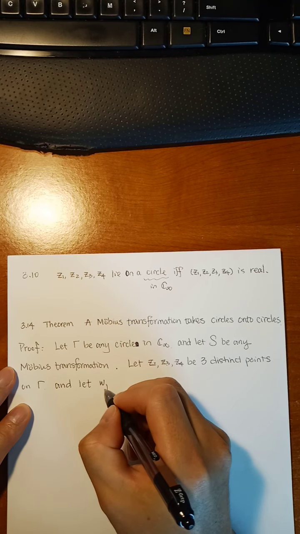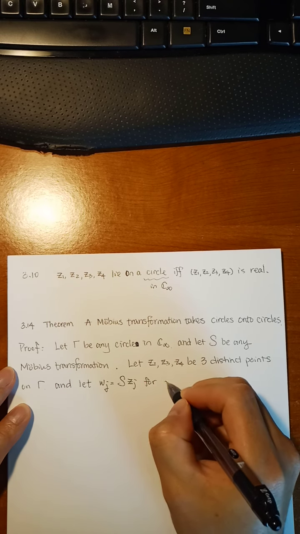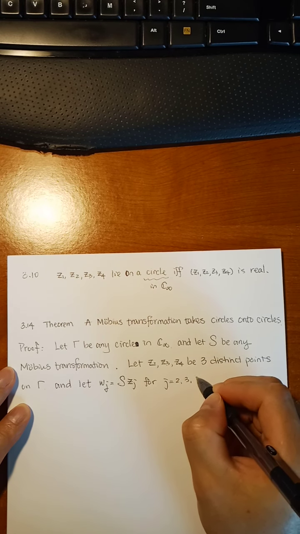Let wj be S of zj for j equal to 2, 3, and 4.